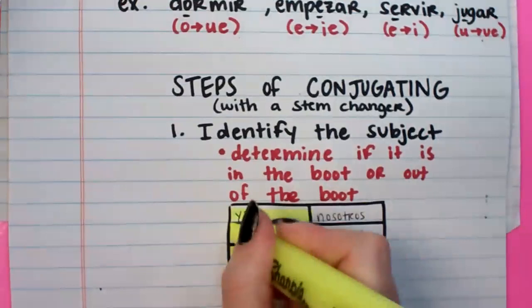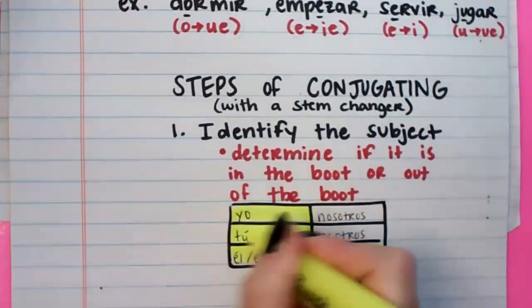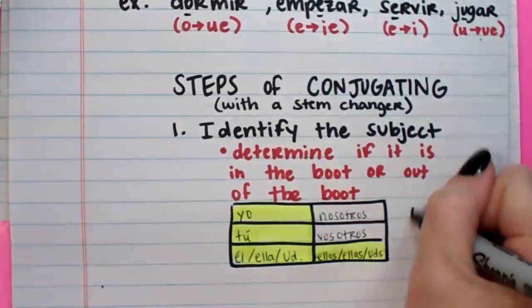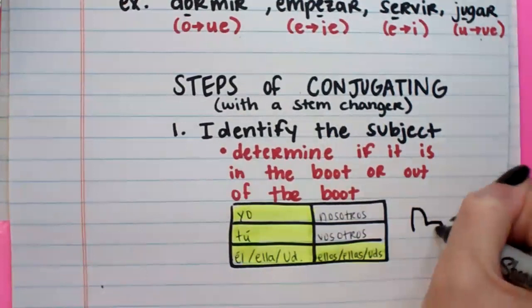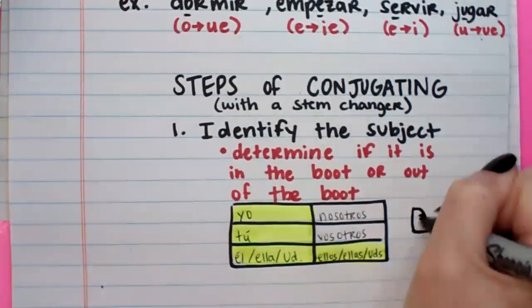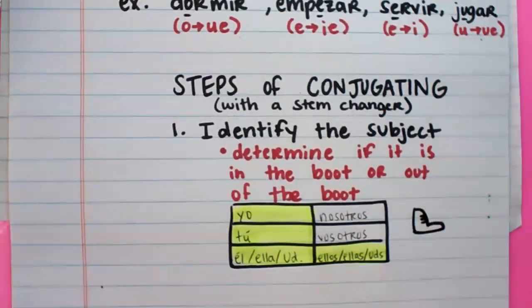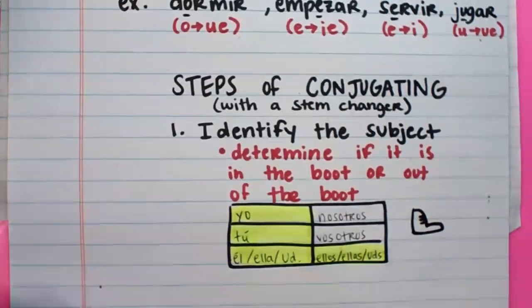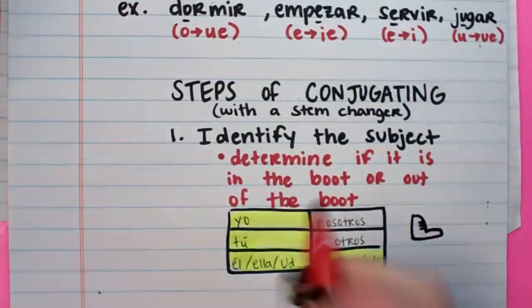So if you notice, the highlighted zones kind of look like a little boot, you know, like a cartoon boot. So if it is inside of the boot, it gets the stem change.